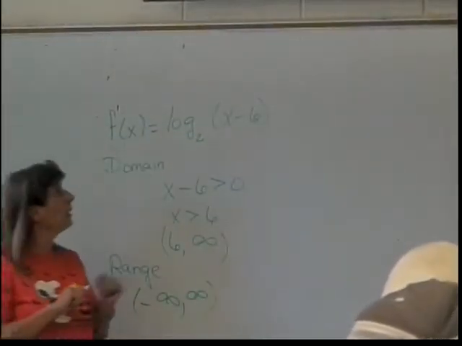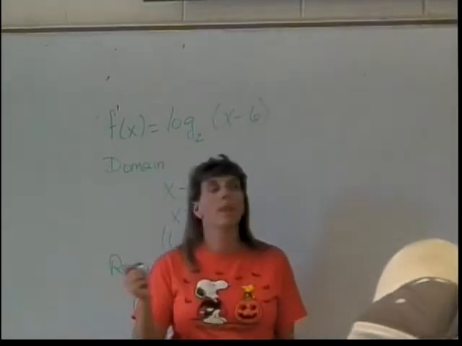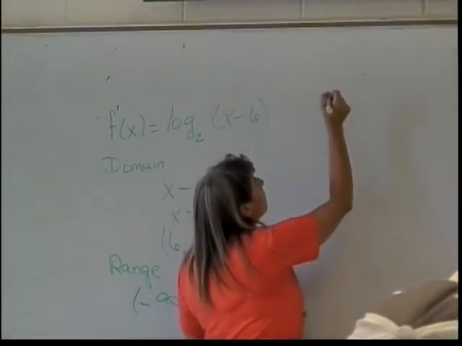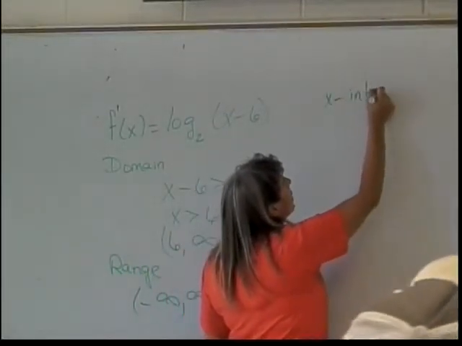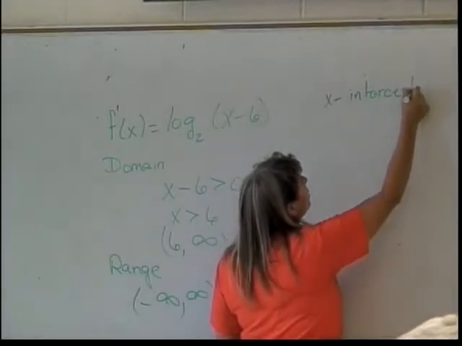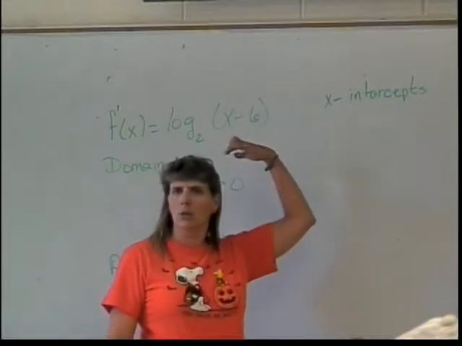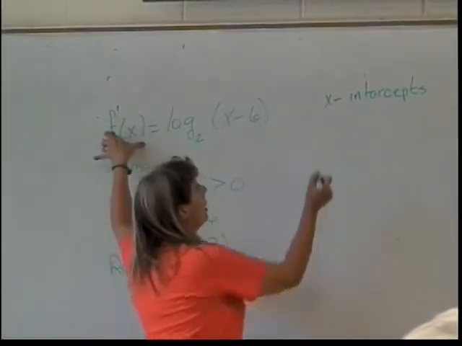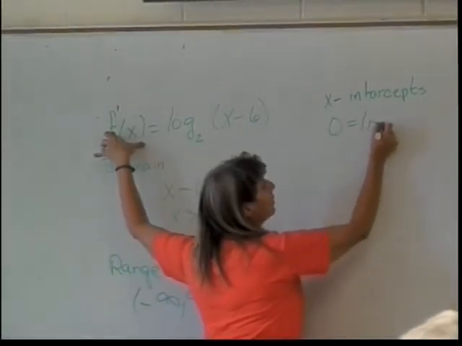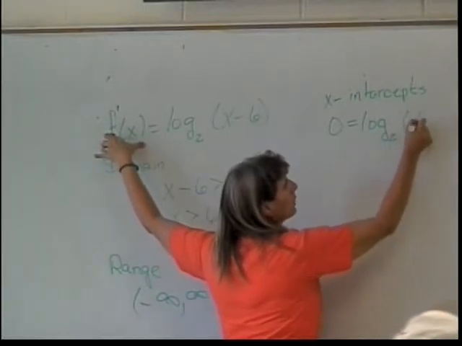X-intercepts. How do I find x-intercepts? Set the x minus 6 equal to 0? Nope. How do I find x-intercepts in general? Oh, 0. Put 0 in for y. Works here. I put in 0 for y. 0 equals log base 2 of x minus 6.